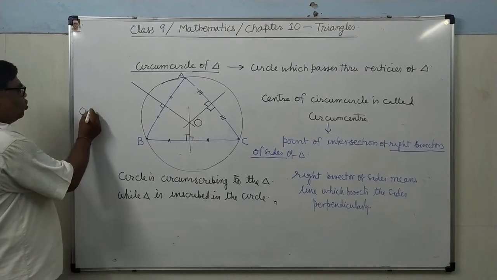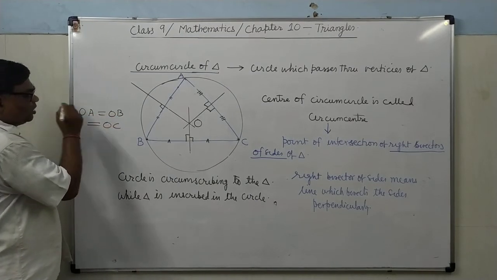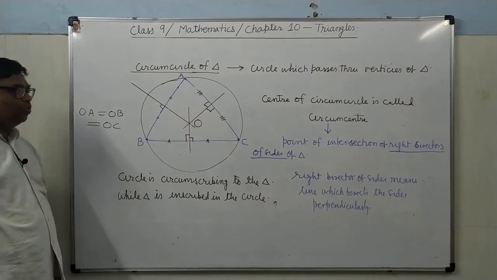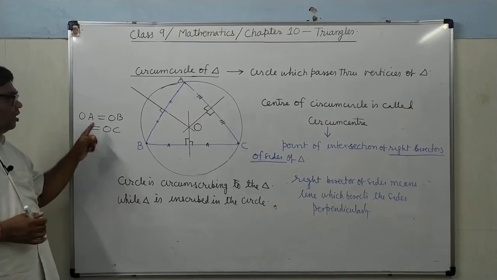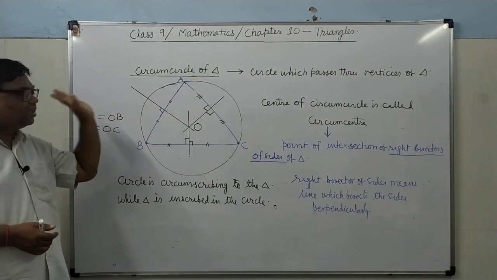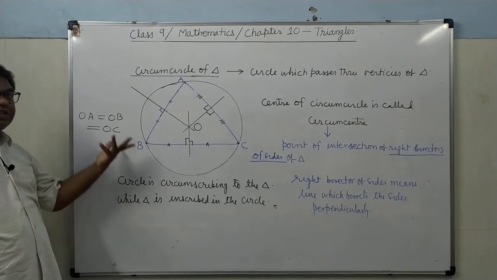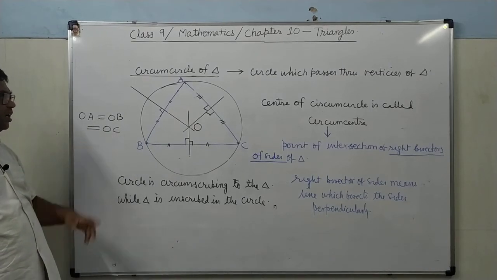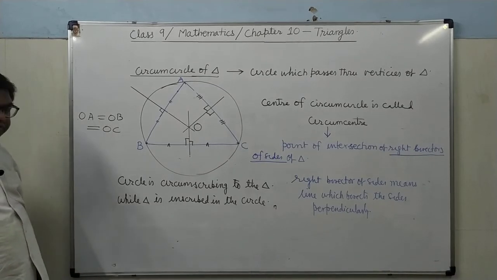So OA equals OB equals OC. All the three will be equal in length. Why? Because A, B, C are points on the circumference and O is the center of the circle. These are the radii of the circle. So this is the circumcircle of the triangle.